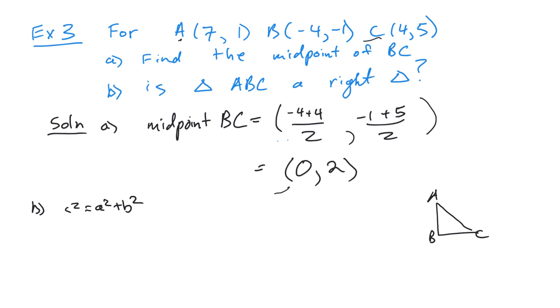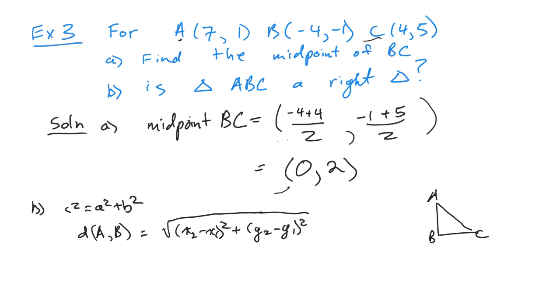All right, so the distance of AB is going to equal the basic equation, right? Remember the basic equation is the square root of x2 minus x1 squared plus y2 minus y1 squared.